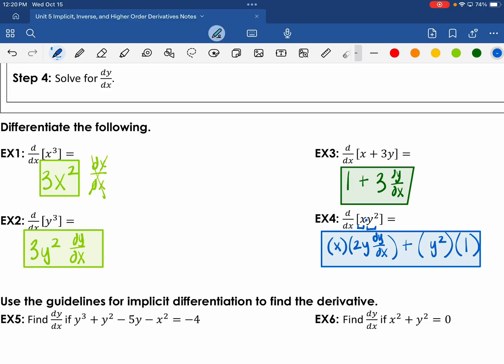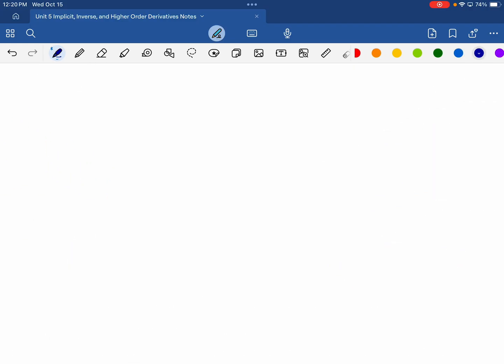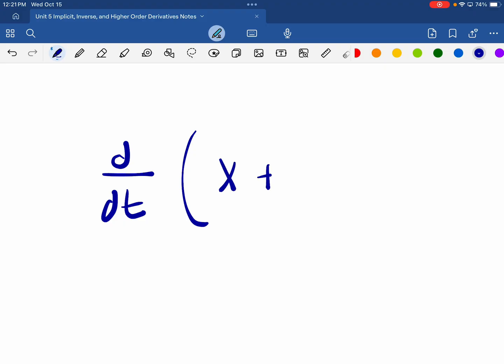So, just looking forward, you are going to differentiate in terms of other things. So we don't always differentiate in terms of x. So eventually, we are going to differentiate in terms of time when we get into real life scenarios.